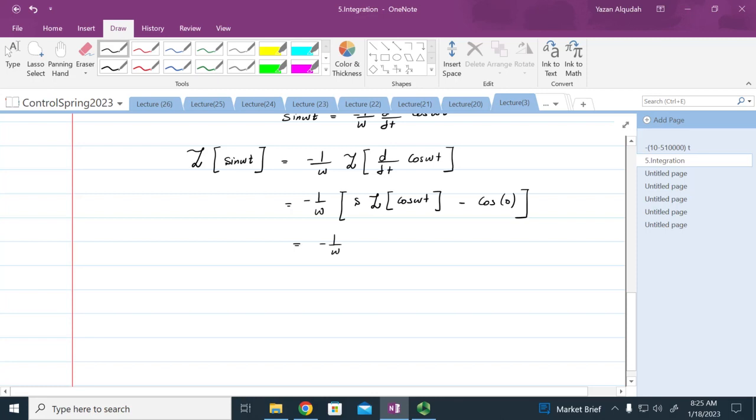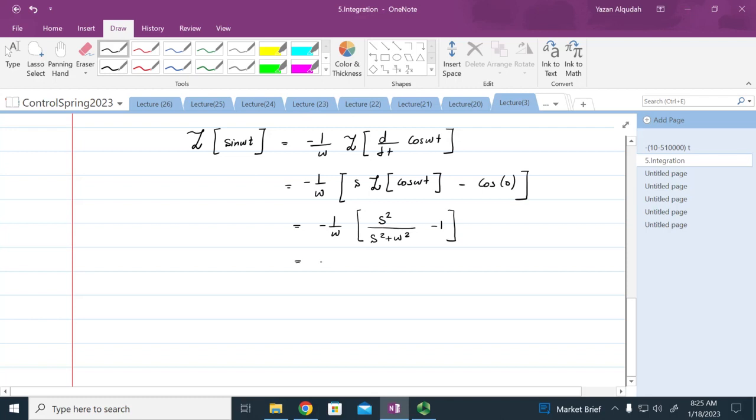Negative 1 over w multiplied by, we have an s and we have s from before, it's going to be s squared over s squared plus w squared minus 1, which is equal to negative 1 over w multiplied by s squared over s squared plus w squared minus s squared plus w squared over s squared plus w squared.